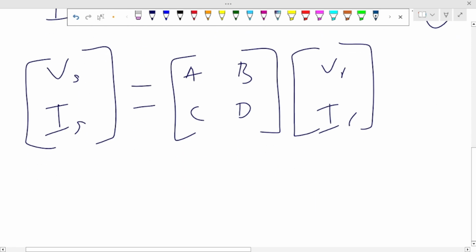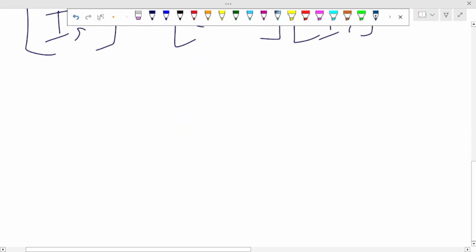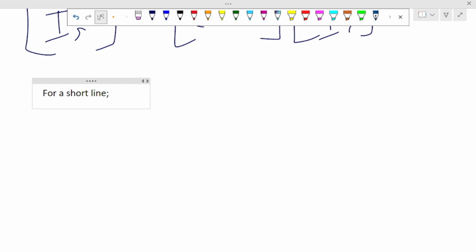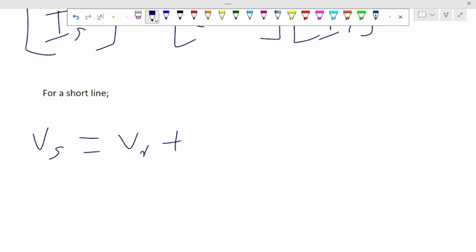So it's the same thing, we just write it in the form of a matrix. Now the ABCD constants for a short line are different from those of a long line and a medium line, and remember we are still dealing with short lines. For a short line, remember we derived the formula Vs equals Vr plus Z Ir.